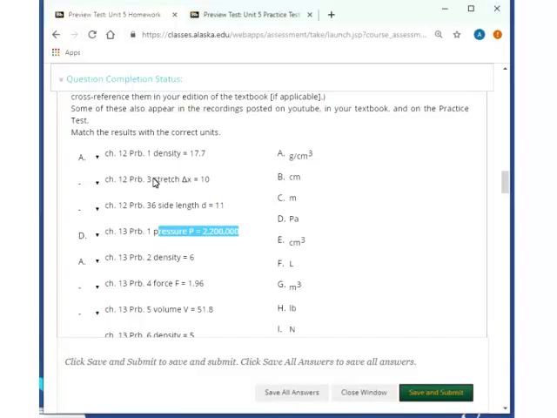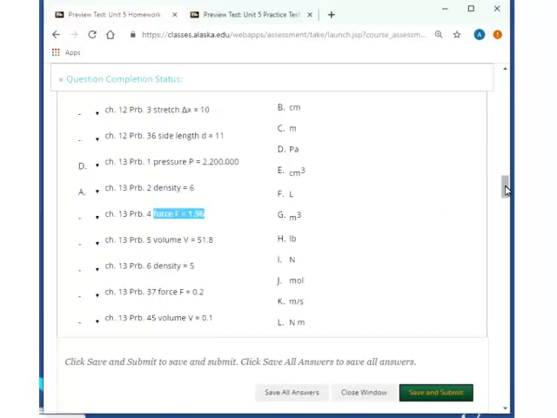Here you have a stretch of delta x equals 10, so that's centimeters or meters. So look it up. Side length, same thing, centimeters or meters. So look up the problem in there. Force, more likely than not, the 1.96 here is the newtons and so on. But look up the problems and work through the problems as well.